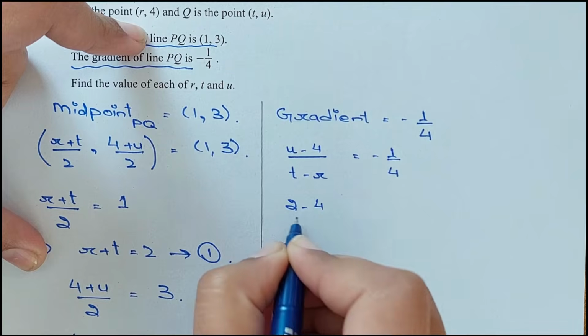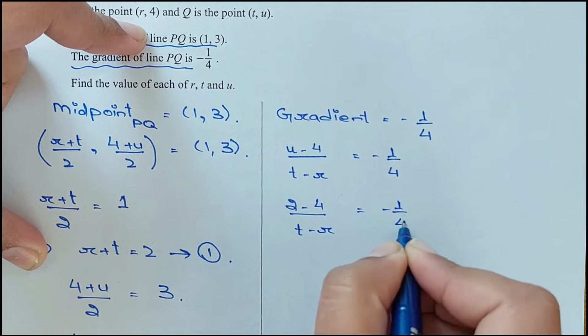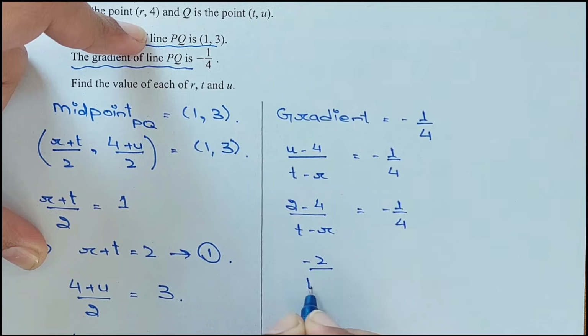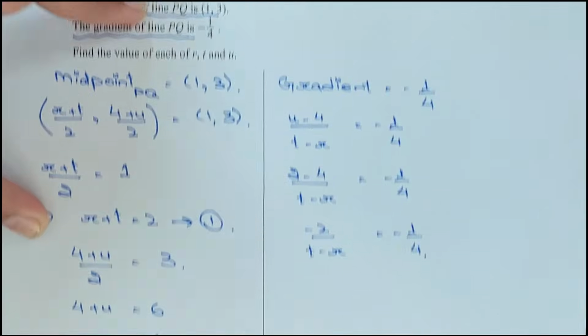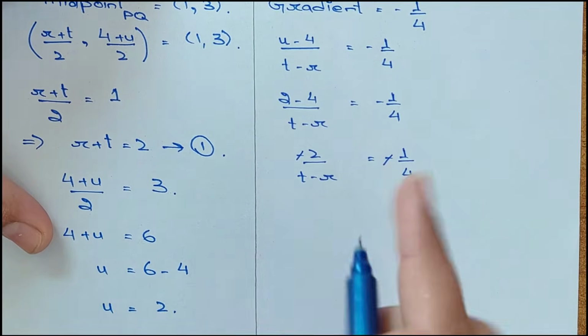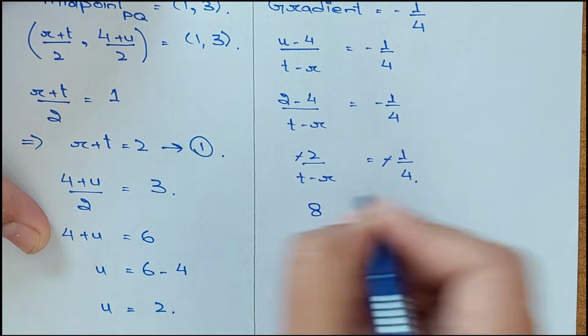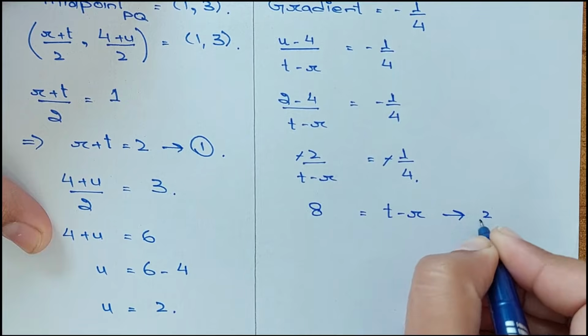So (2 minus 4) over (t minus r) equals minus 1 by 4. Minus 2 over (t minus r) equals minus 1 by 4, right? Let me cancel the negative sign and do the cross multiplication. 4 times 2 is 8, and t minus r, this is my second equation.